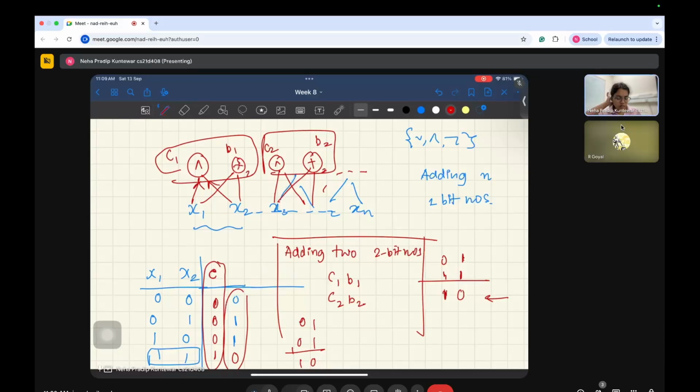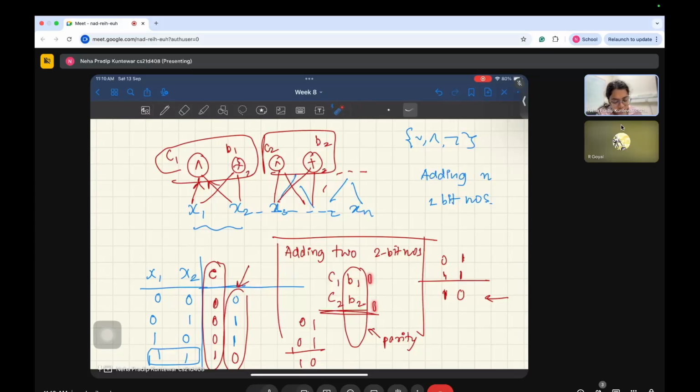So this part is same as this part. This can be implemented by parity. This bit is parity, because if both are 1, this bit is 0. Then there may be one more carry forward.